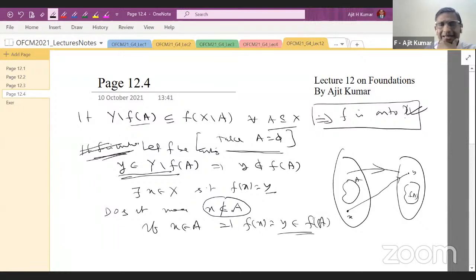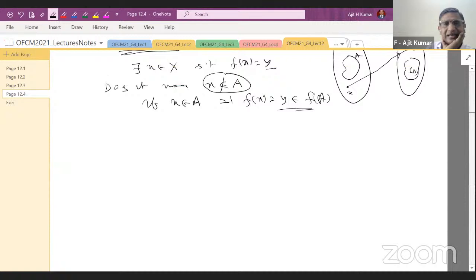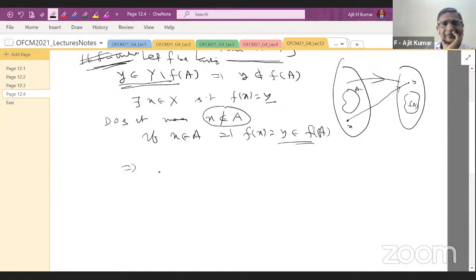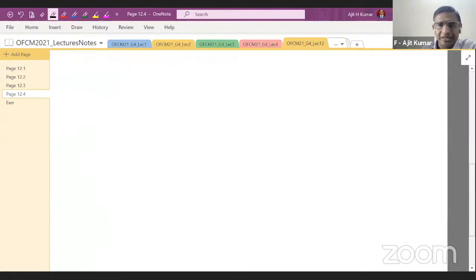Therefore, x does not lie in A. So x lies in X minus A. So therefore, this implies that y belongs to f of X minus A. Okay, right. So I went a little fast.